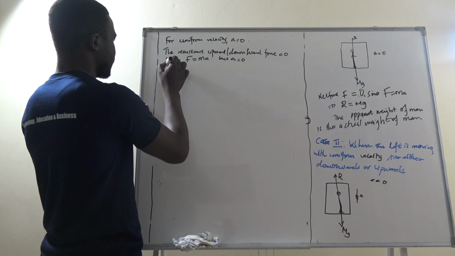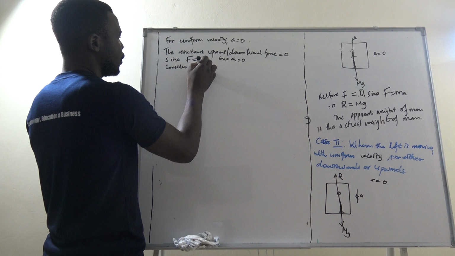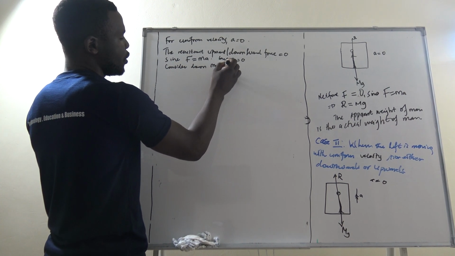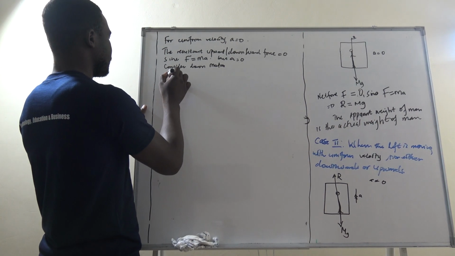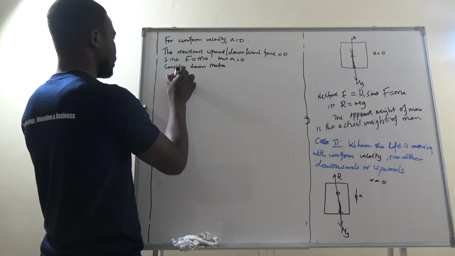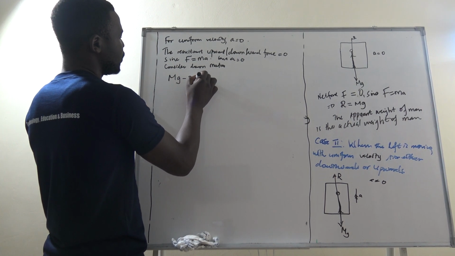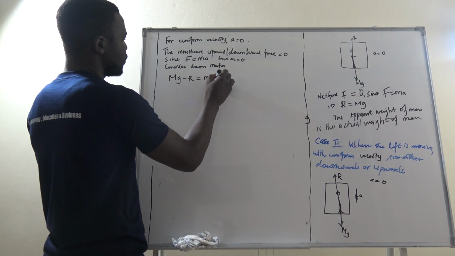Now, if we consider downward motion, for this lift to move downwards, the weight of the man, mg, minus the reaction from the lift should equal ma.